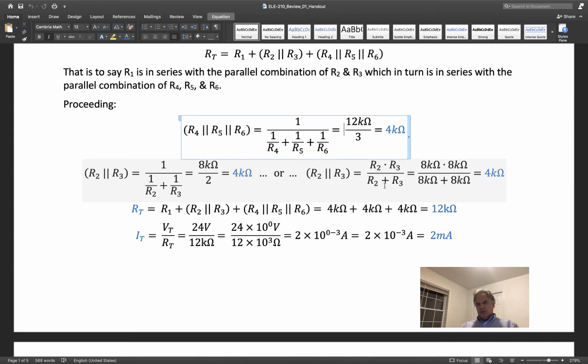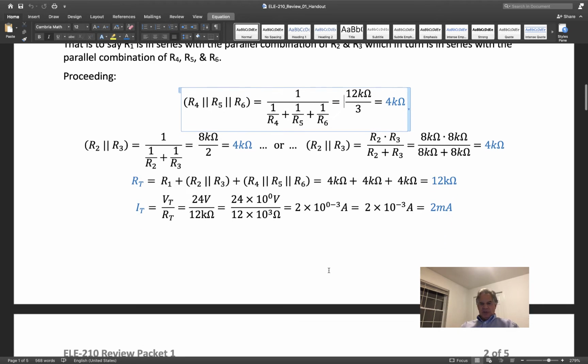Or we can use the product over the sum, in which case 8k times 8k would be 64k squared ohm squared, divided by 16k ohms, and you'll wind up with 4k ohms. So R total is the combination of R1, the parallel combination of R2 and R3, and the parallel combination of R4, R5, and R6. In each case, they're 4k, so they add up to 12k.